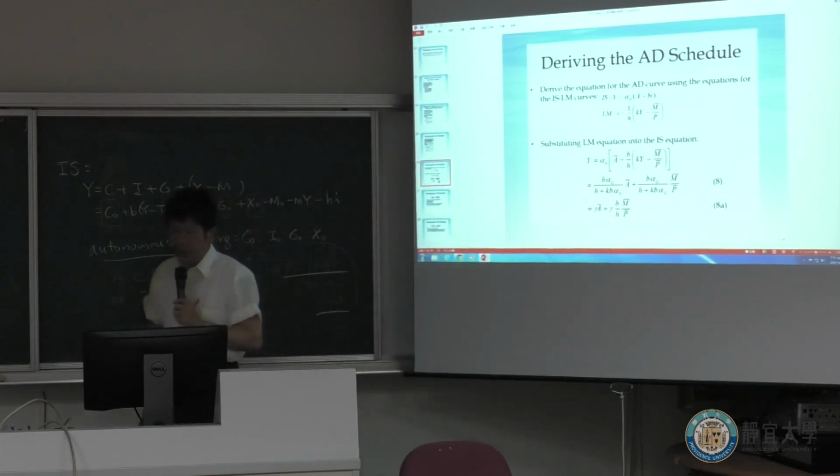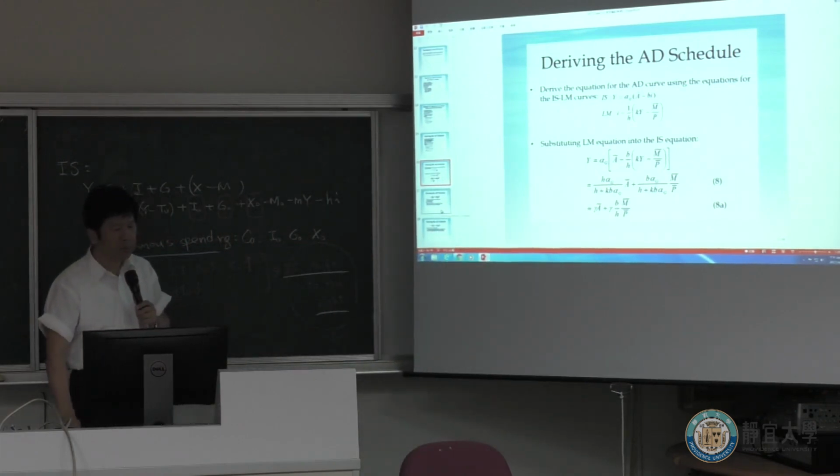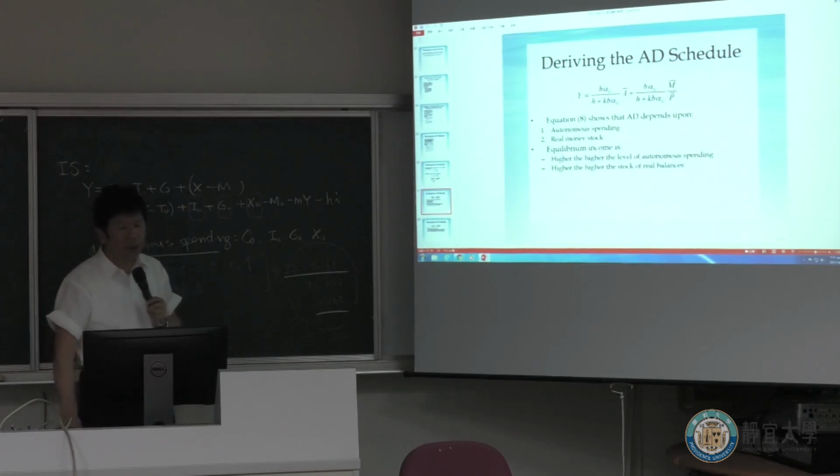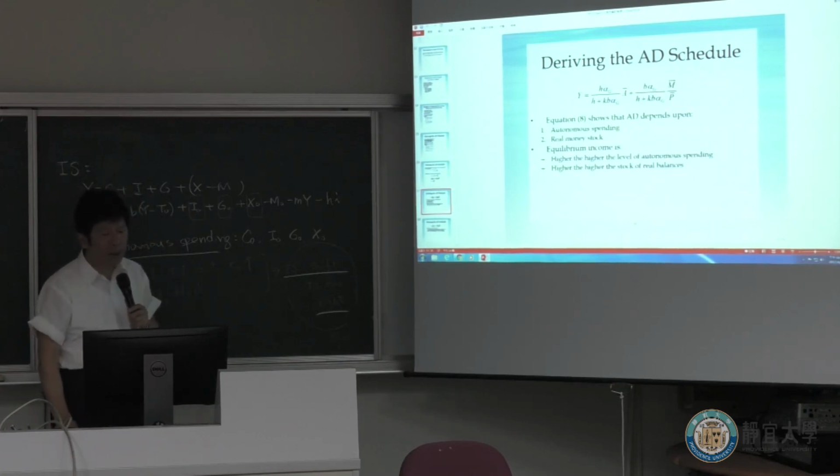Here, you can also find the AD curve. The AD curve has two variables. One is income, and one is price.